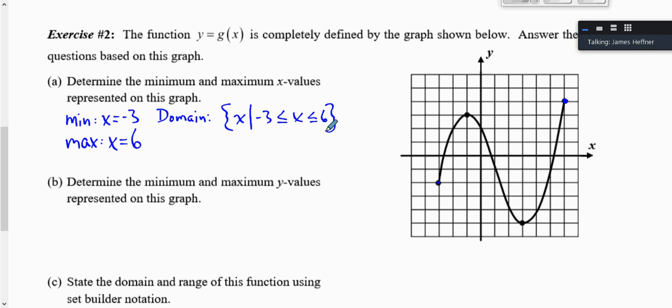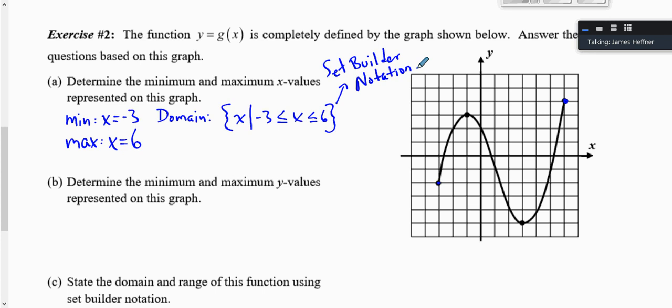Okay? So this is called set builder notation. Have any of you seen this before? I guess not. Well, now you have. So the way we read this is as follows.